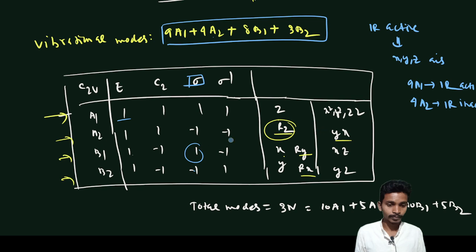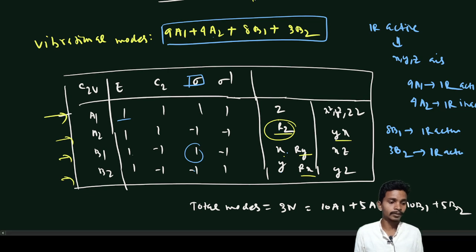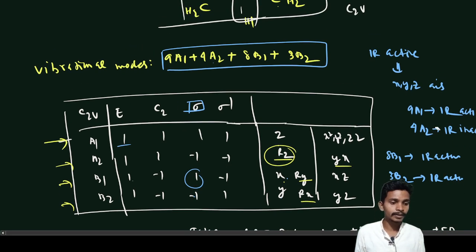Similarly for B1, how many B1? 8B1. So the B1 axis is there, this is IR active. And similarly, for B2, how many B2? 3B2. So the Y axis is there, so this is again IR active. The one which is IR inactive is A2. So if we leave A2, then all are IR active.